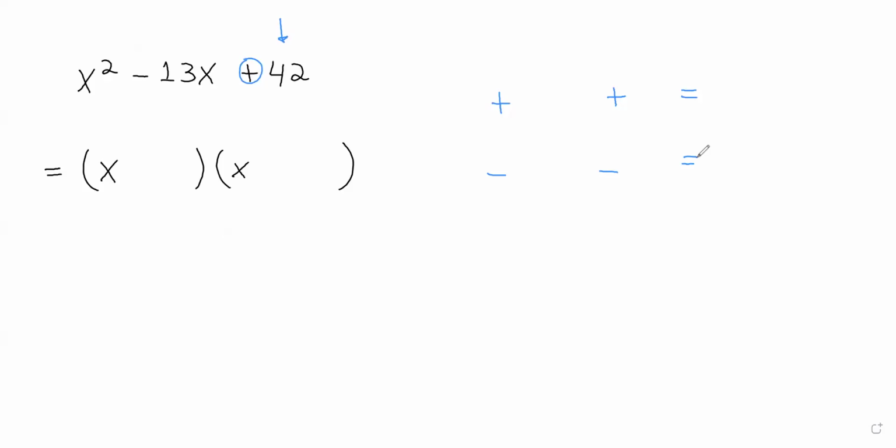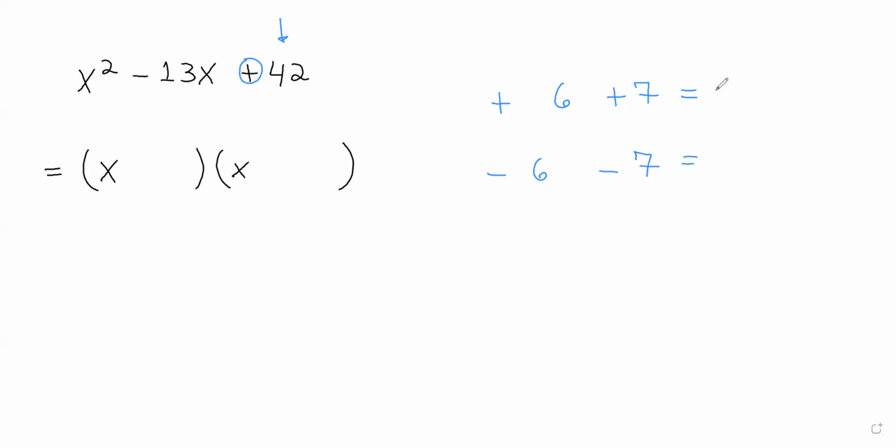Now, let's satisfy the other condition. These values have to sum in such a way that I get negative 13. So let's look at some factors of 42. Yeah, 6 and 7. Good.